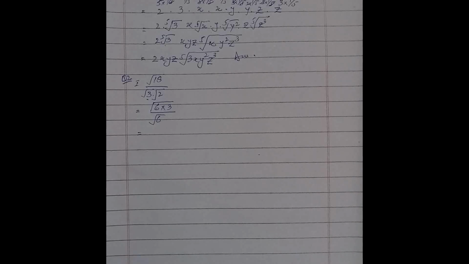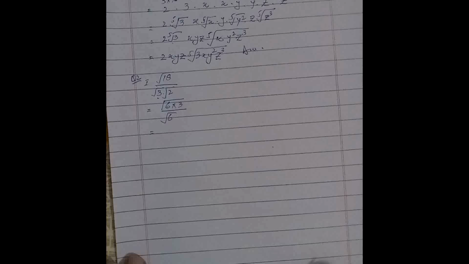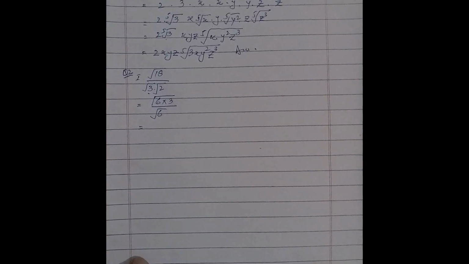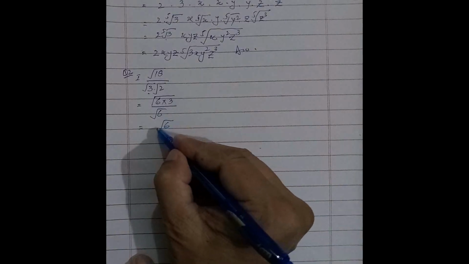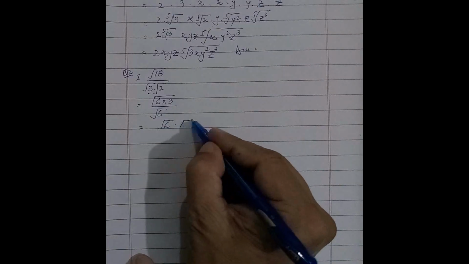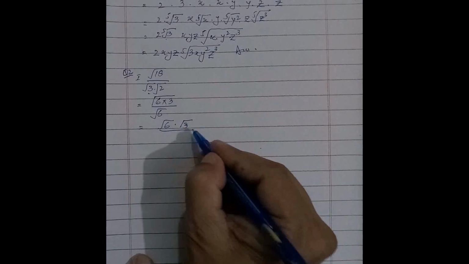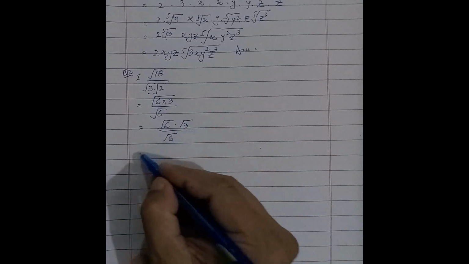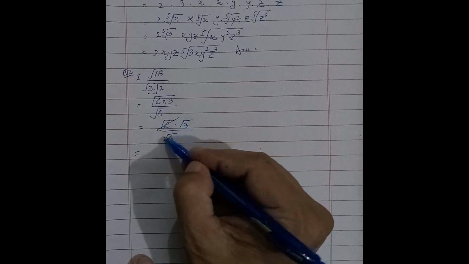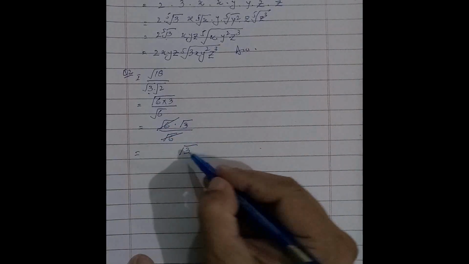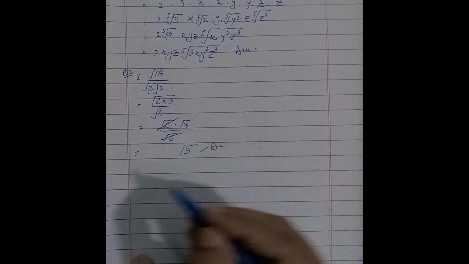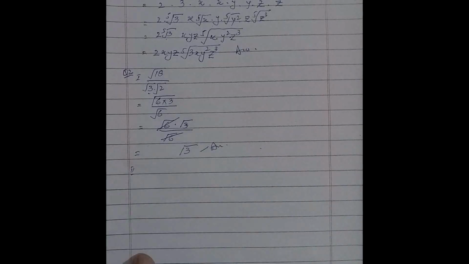And when two values are multiplied and they are under the square root, we take the square root of individual values. We write it as square root of 6 times square root of 3 over square root of 6. The square root of 6 cancels with the square root of 6, and we get square root 3, the answer of part 1.